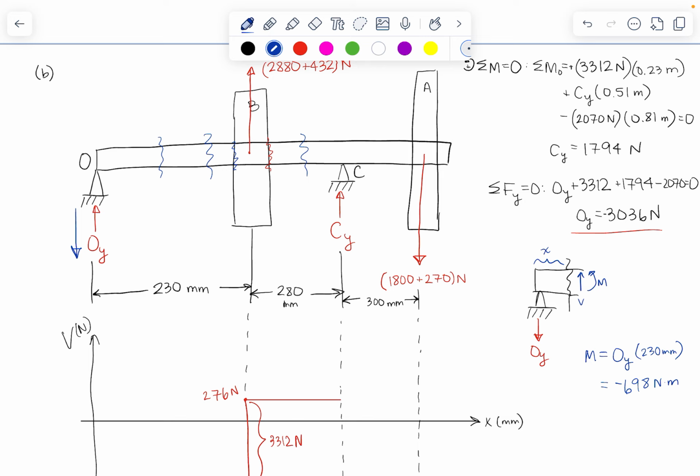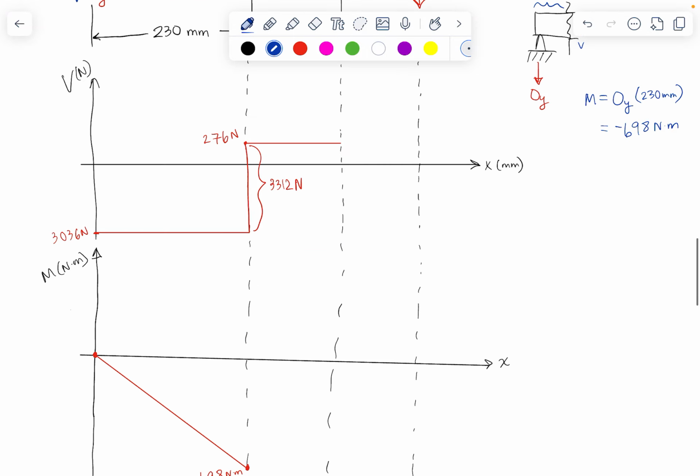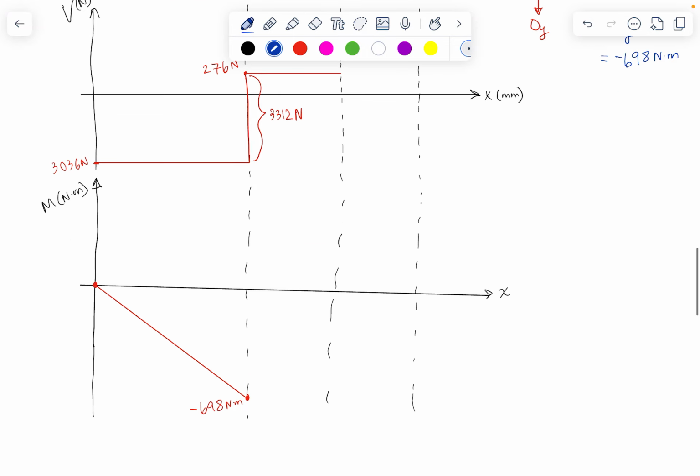So what this effectively does is it causes a change in the slope of our moment diagram from a slope of 3,036 newtons to a slope of 276 newtons.